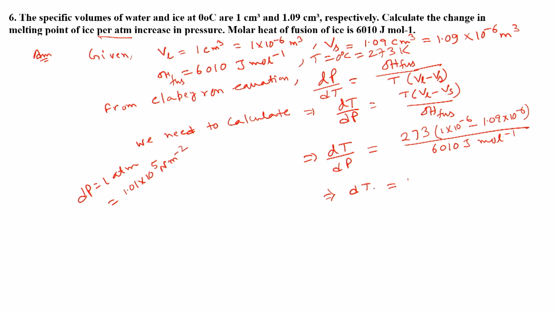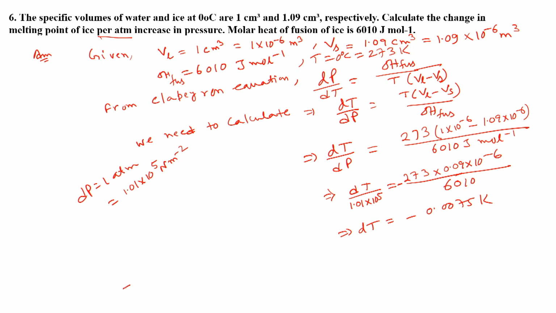So dT by 1.01 times 10 to the 5 gives 273. We get the minus sign here, 273 times 0.09 times 10 to the minus 6 by 6010. So you get dT is minus 0.0075 Kelvin. So with per atmospheric increase in pressure, the melting point decreases, right.